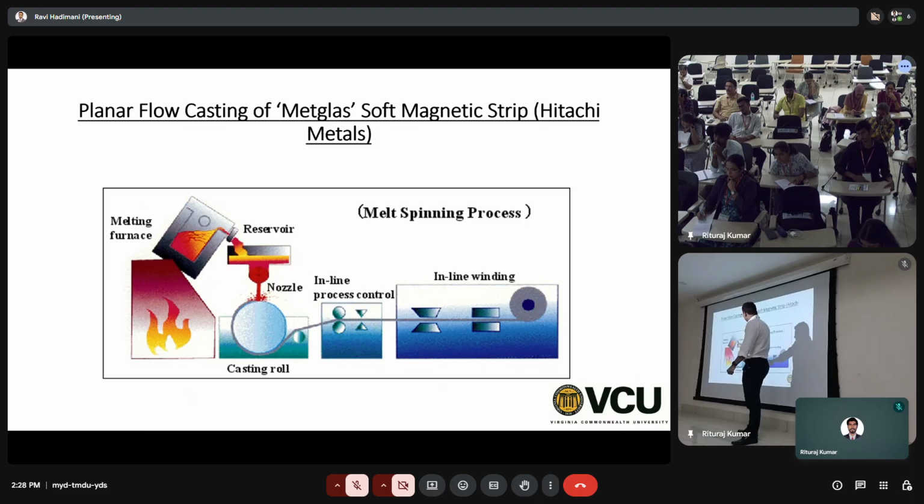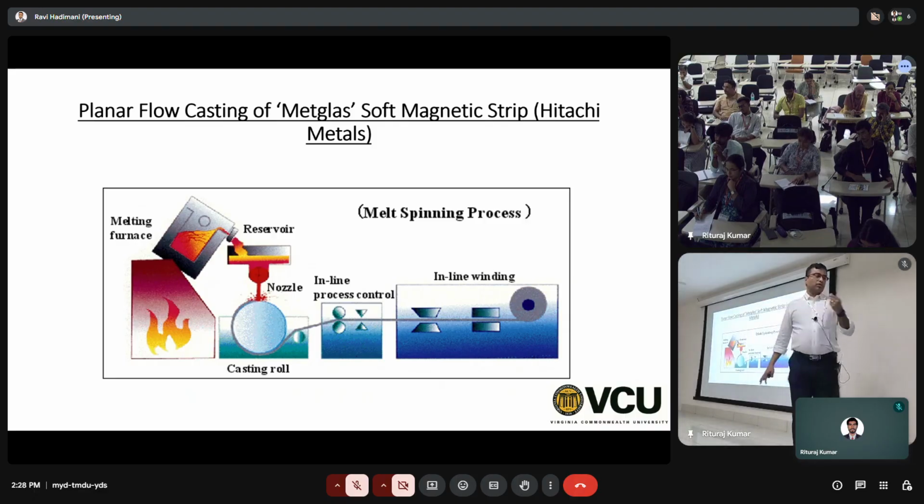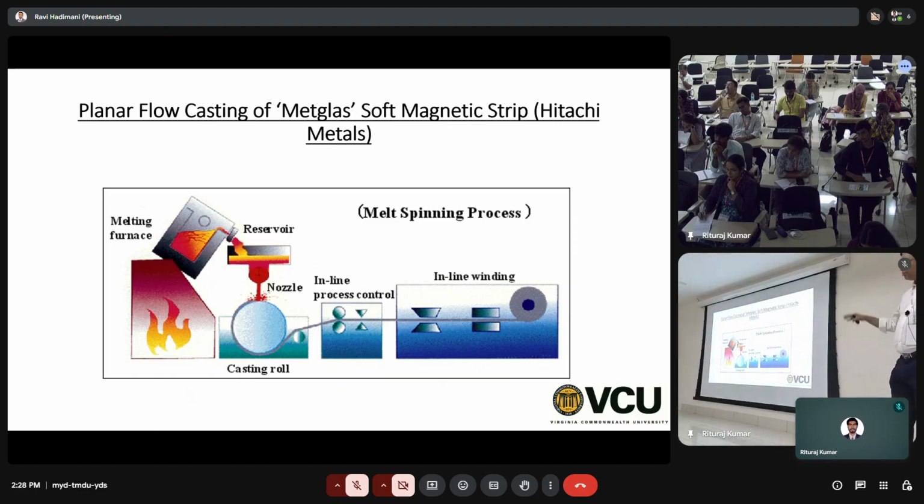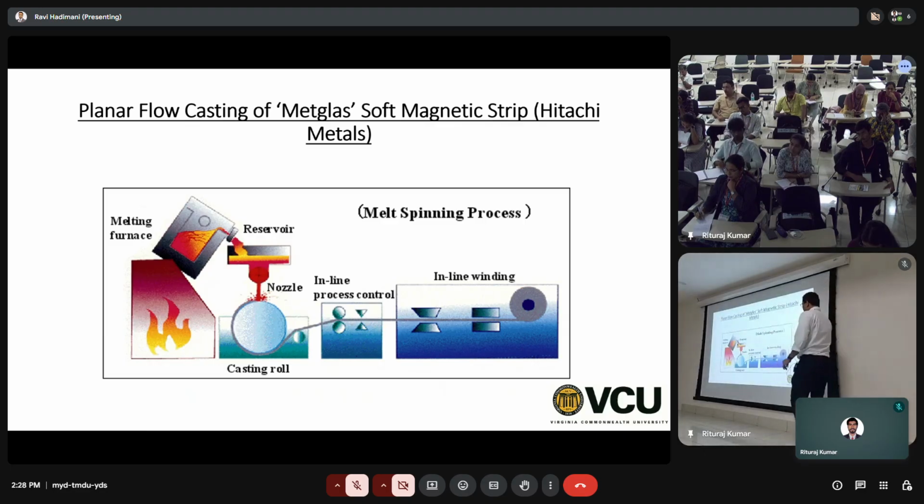This Metglas has an amorphous structure which improves the soft magnetic properties significantly and reduces the coercivity. So this is one of the high permeability, low coercivity magnetic materials.